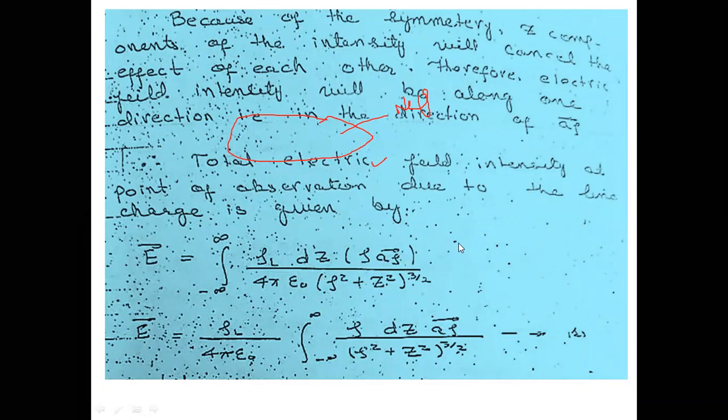Ignoring this minus z portion, because the plus z and minus z are equal and opposite, so there is a symmetry between these two. So taking rho l outside the integration, rho l over 4 pi epsilon naught, rho dz a rho over this. So this is equation number one.